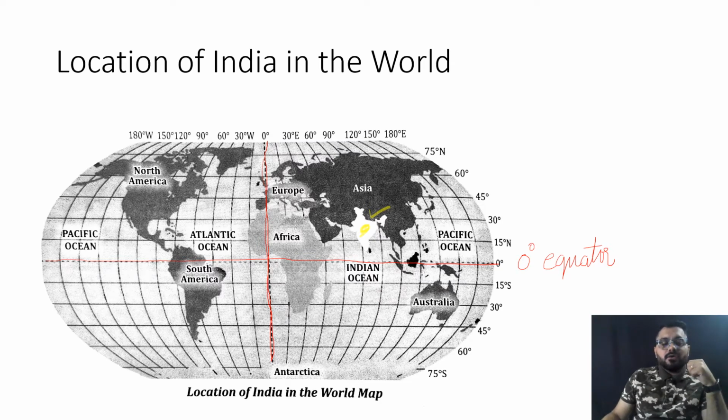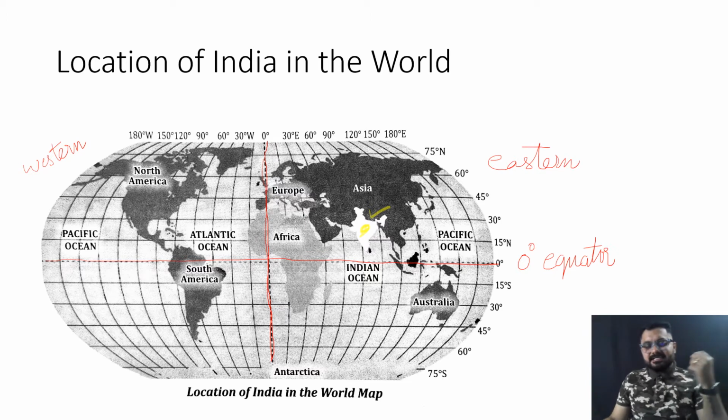This part of the earth is called the western hemisphere, and here we have the eastern hemisphere. Exactly speaking, India is located in the northeastern hemisphere.